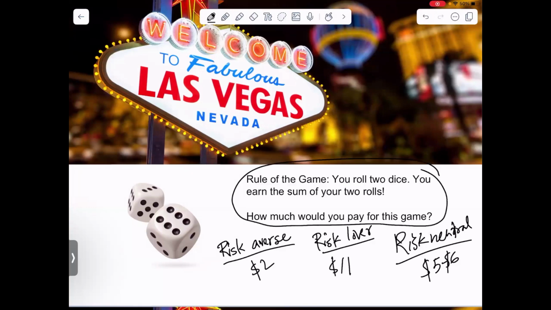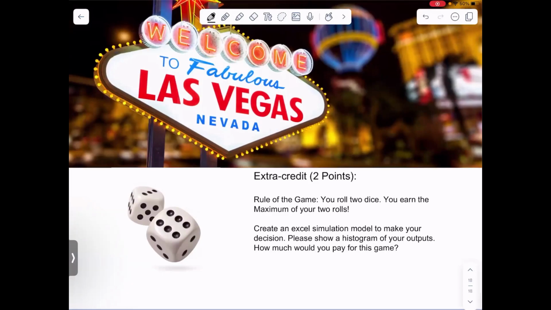Now, in the video, I explain how to do this model in Excel, and I will also tell you, as a risk neutral person, how much I would pay. After you watch that video, I have an extra credit question for you. I have changed the rules of the game a little bit. You still roll 2 dice, but now you earn the maximum of your 2 rolls, not the sum.